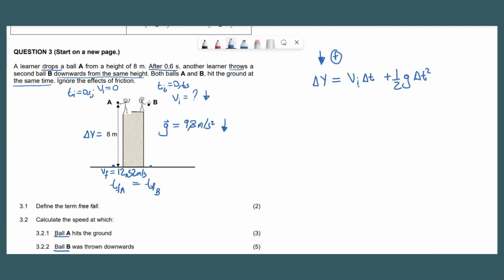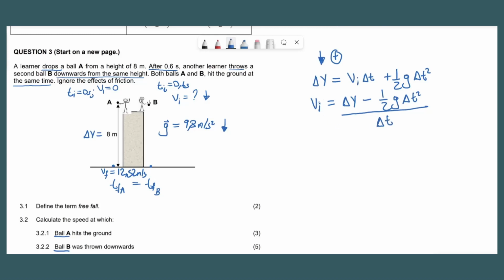And all we want is to find the initial velocity. And so we can say that this initial velocity is going to be given by delta y minus half of g multiplied by delta t squared, all divided by delta t.